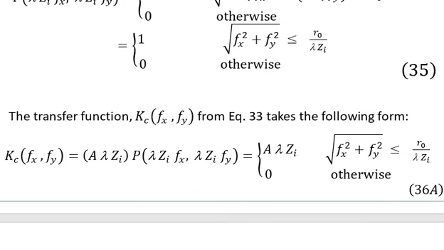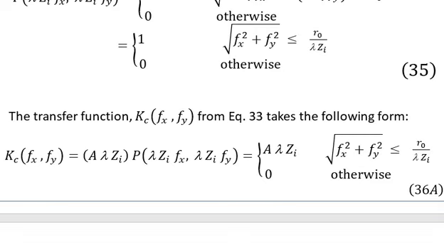So Kc as a function of fx comma fy, which is the transfer function of the coherent imaging system, is equal to a into lambda zi multiplied by the pupil function with arguments lambda zi fx comma lambda zi fy. This transfer function is equal to a lambda zi if the square root of fx square plus fy square is less than or equal to r0 over lambda zi, and 0 otherwise.